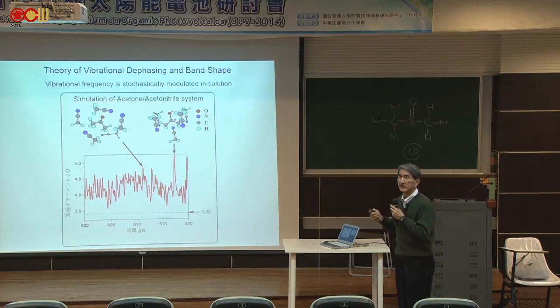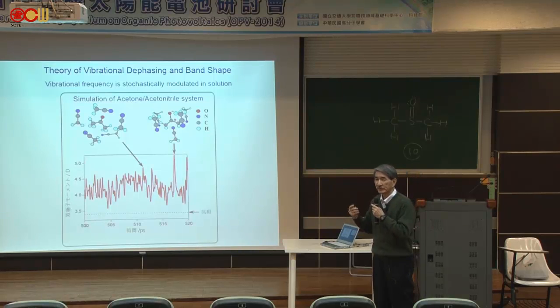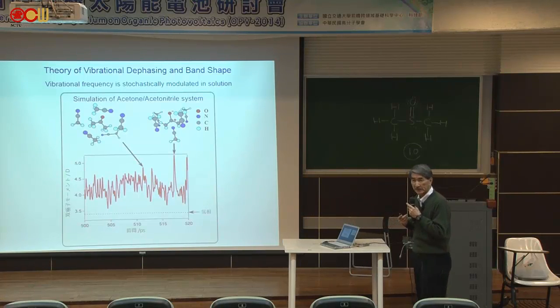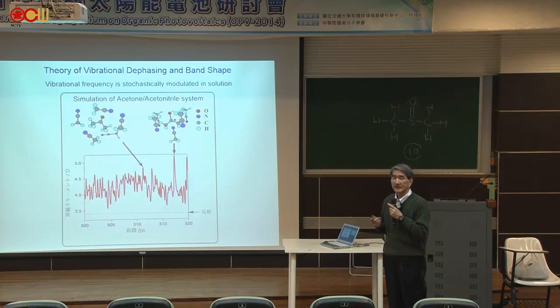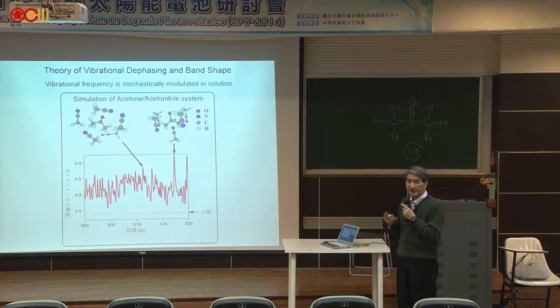In other words, the width reflects the interaction of the molecule with other environmental things, the solvent molecules, and so on. Okay? So we try to understand what causes the dephasing of the vibration.